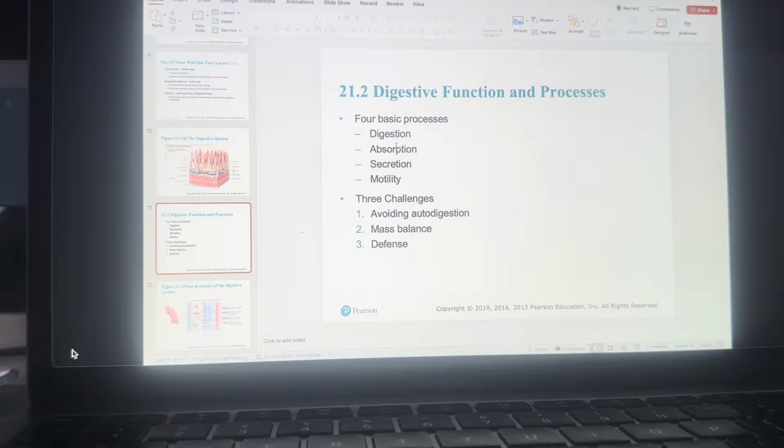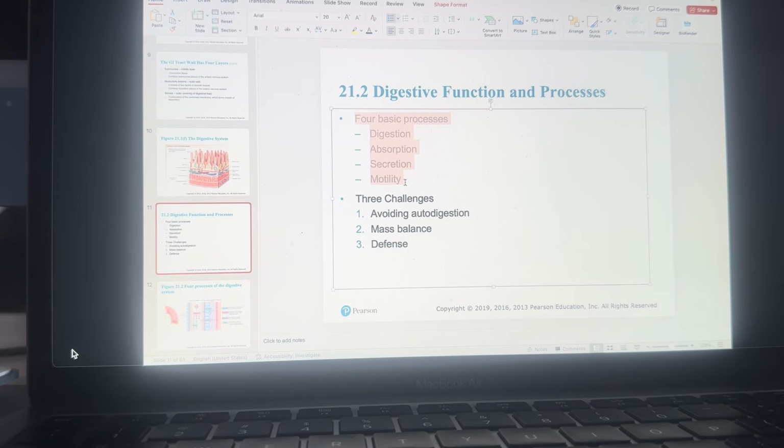There are 4 main functions. You're going to digest the food, break it down. You're going to absorb the food. You're going to undergo some secretions to secrete chemicals and enzymes that help you metabolize that food. And then you also have to move that food down the digestive tract.